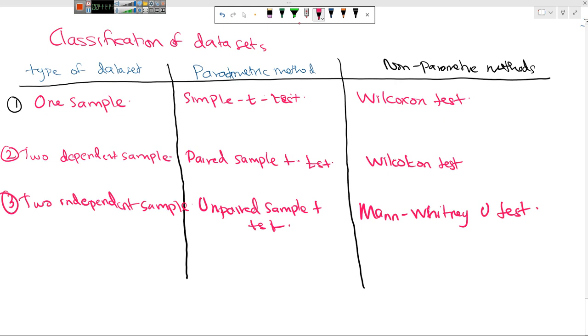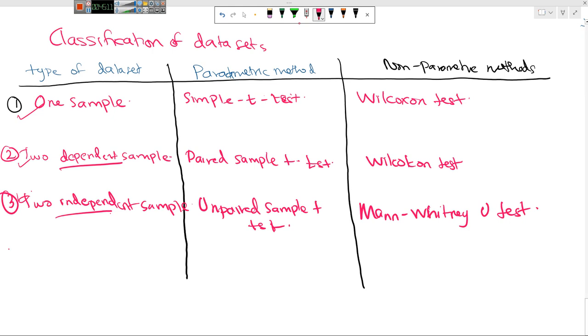Then more than one independent sample. We may have 3 groups and they are independent samples, more than 2 independent samples. Now you see, we have one sample, 2 samples, dependent and independent, and now we may have more than 2 samples also, and they might be dependent on each other, or they might be independent as well.